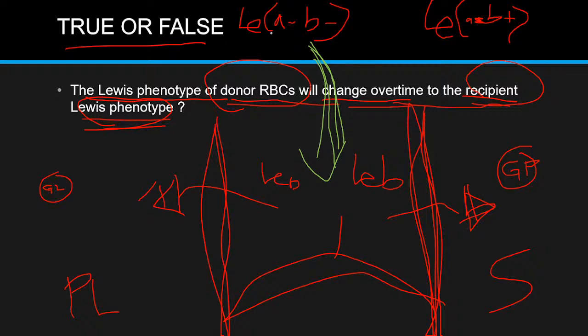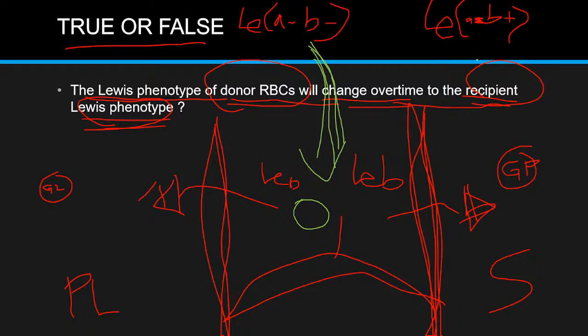Imagine that the patient is LEA negative, LEB negative. Okay? Once it goes inside, the cells will be exposed to what? The Lewis substance of the recipient.